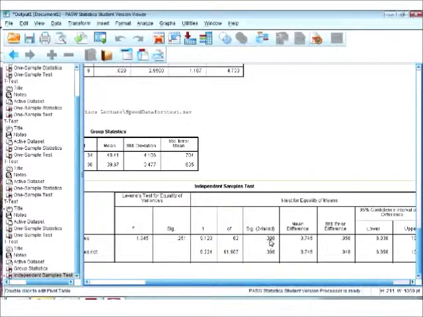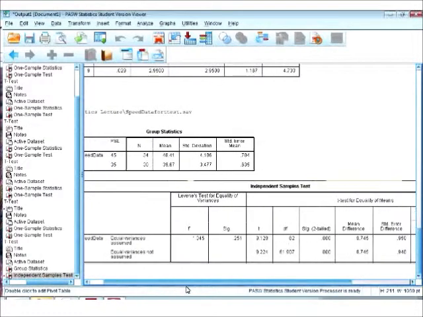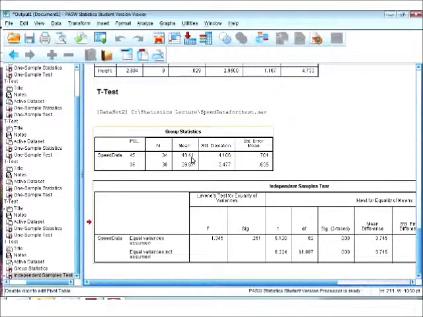How did we interpret the results? This p-value is less than our significance level of 0.05. Our assumption was that the mean speed of the vehicles collected on the 45-mile per hour roadway and the mean speed of the vehicles collected on the 35-mile per hour roadway are equal.